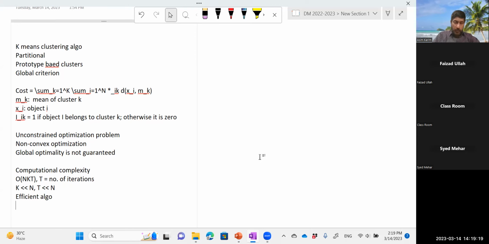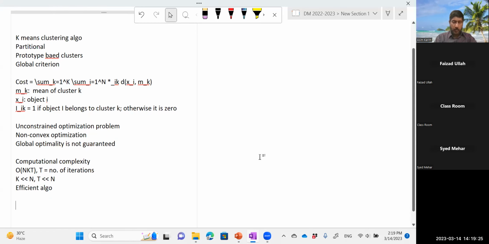Okay. Some other characteristics of this algorithm. So remember in the optimization formulation, I wrote D, distance between x_i and m_k. ठीक है.